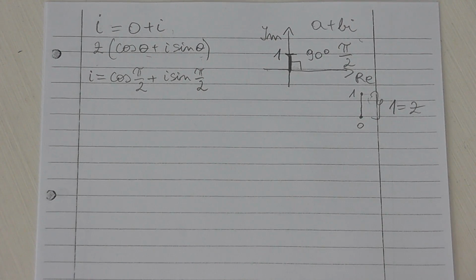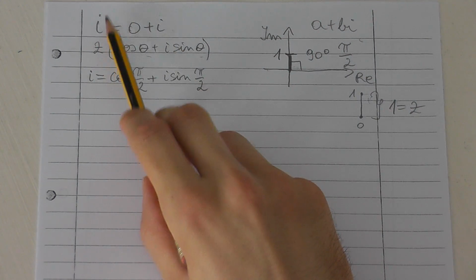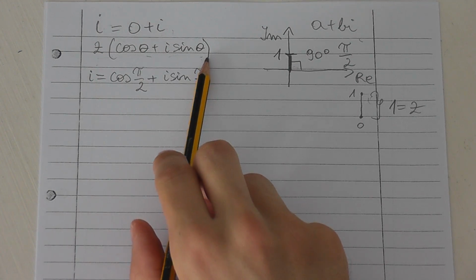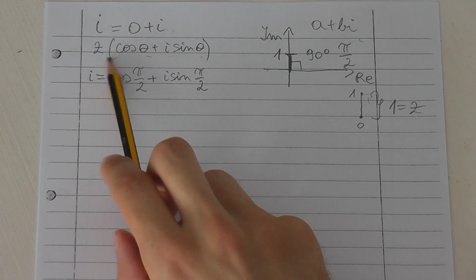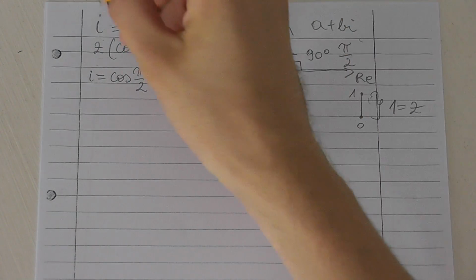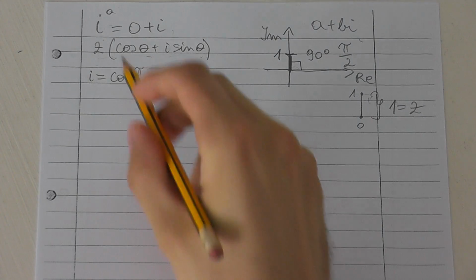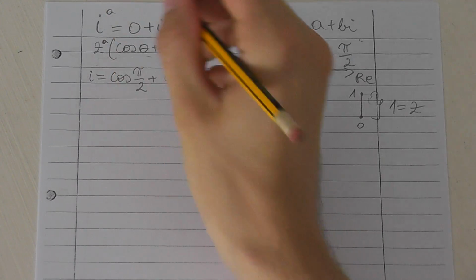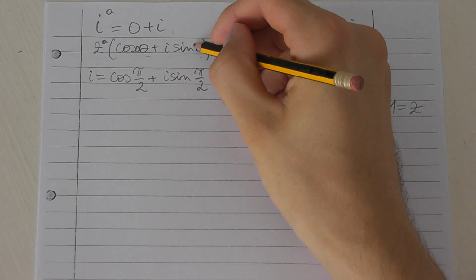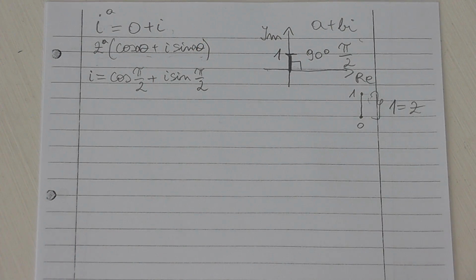Now that I have this, I can use De Moivre's theorem, which says that when you raise a complex number to some power, all you have to do to the polar form to make it equivalent is raise the modulus to that very same power. Let's say we're raising to the power of a, then we need to raise z to the power of a, and we need to add the a in front of the theta in cosine and in sine.